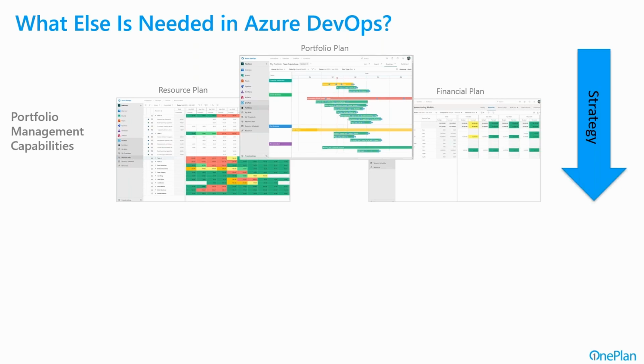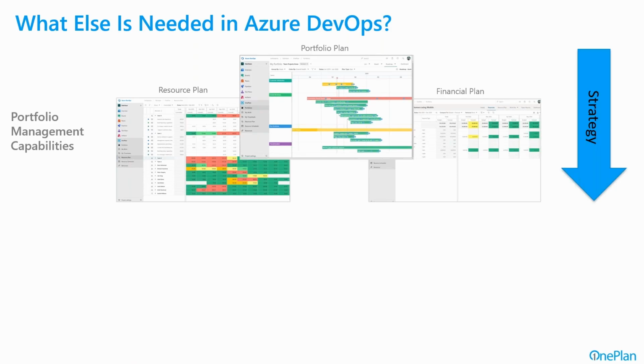Things like being able to organize more data in different views at the portfolio level, at the multi-project, multi-team level, and to do resource capacity planning and tracking across all that, so that we're working comprehensively across all of our work and not committing to things that we can't deliver on because of resource bandwidth.